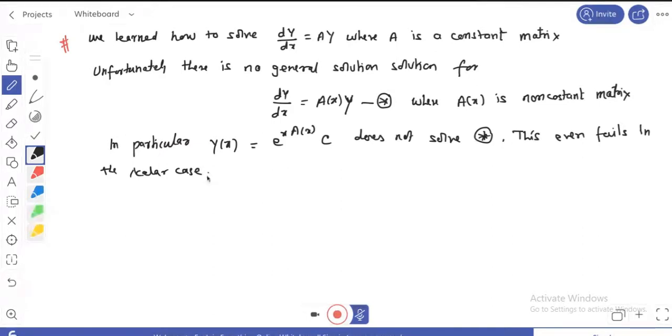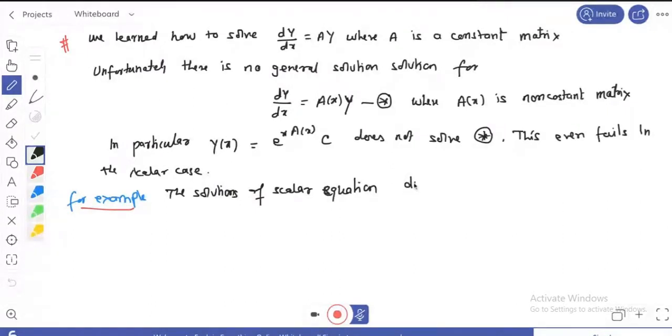Scalar case means this is not a vector quantity, this arbitrary constant means one dimension. Here this is an n-dimensional matrix, n cross n. The scalar one means dimension one.